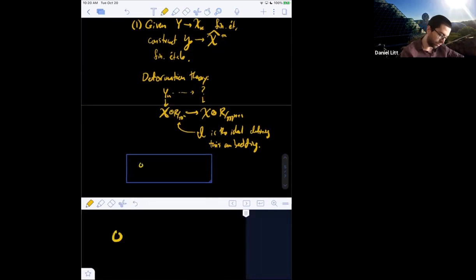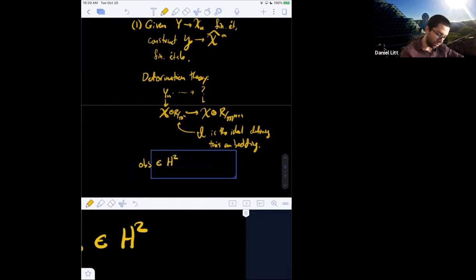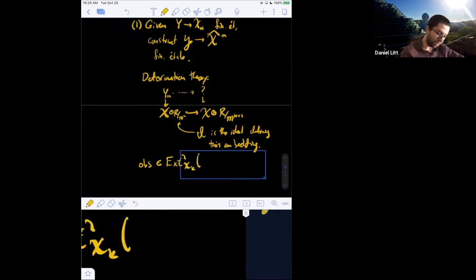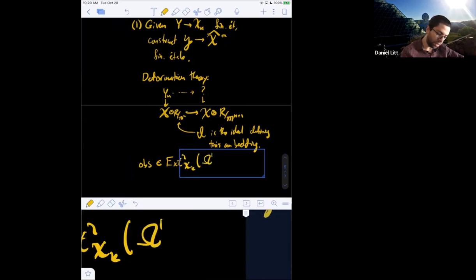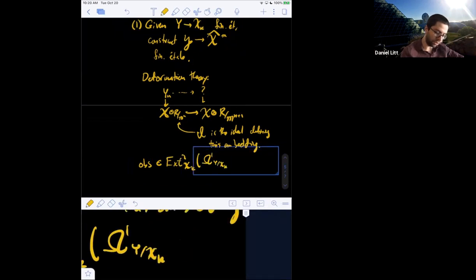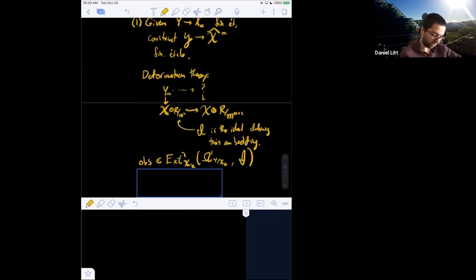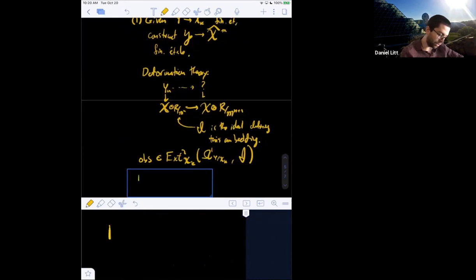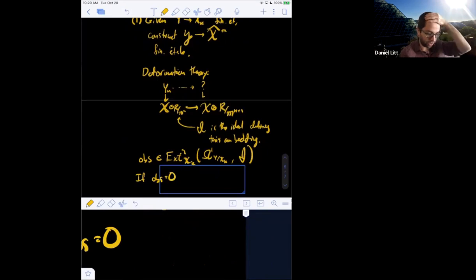There's an obstruction class which lives in H^2 of the special fiber X_k with coefficients in Ω^1 of Y over X_k, the first step, against this ideal sheaf I. So this is where the obstruction lives. And the statement is that if the obstruction class equals 0, and I'll say a word about where this obstruction class comes from in a second.